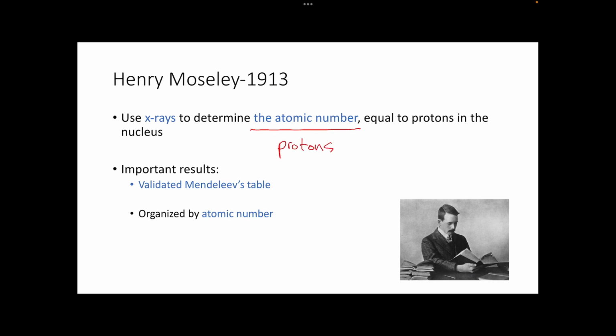If you don't remember anything else about this course, please remember that. The atomic number is the same as the number of protons in the nucleus. And this was really important. When he went back and looked at Mendeleev's table, he noticed that Mendeleev had organized everything by atomic number, even though they didn't know what it was at the time. And that is the main thing that is used to organize the periodic table today.